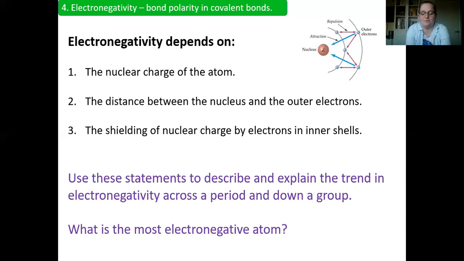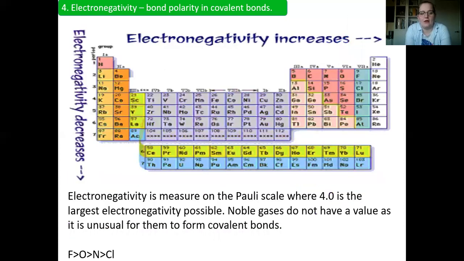So when we look at a periodic table, electronegativity decreases down a group. So it means that the atoms become less electronegative as we go down. So hydrogen is more electronegative than potassium, for example. As we go across a period, electronegativity increases.